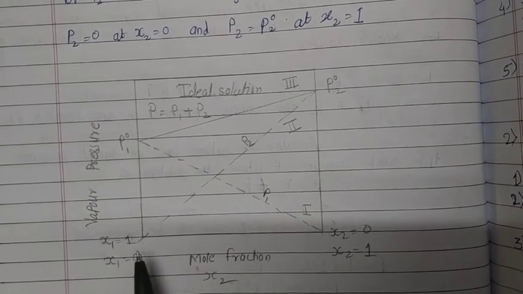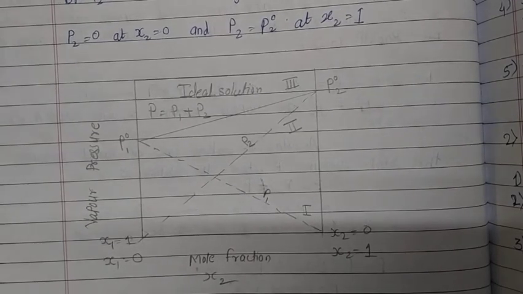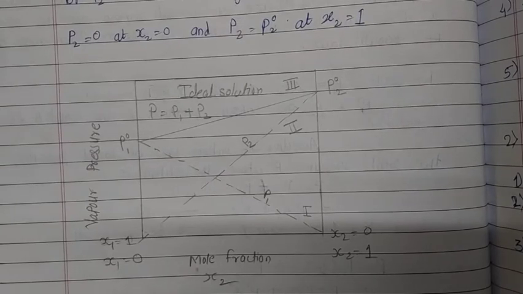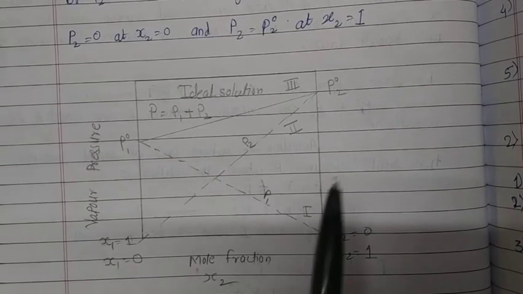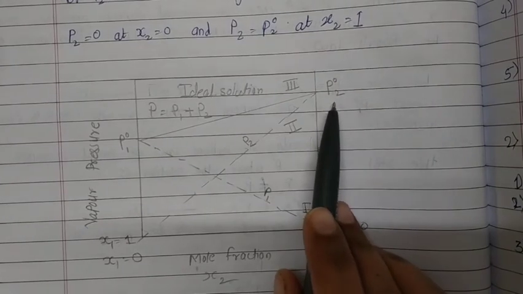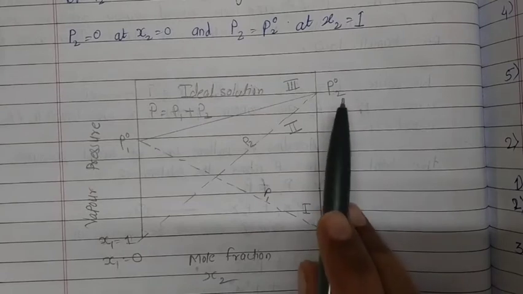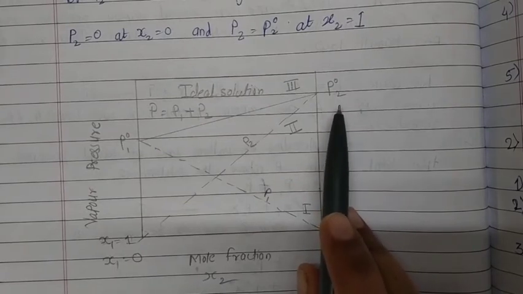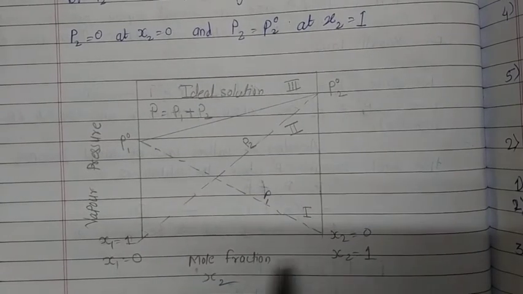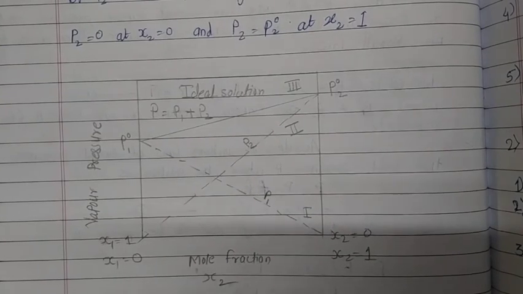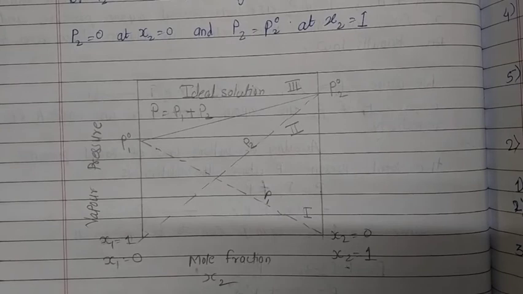And third possibility, for P2 versus X2: P2 is 0 when X2 is 0, and P2 equal to P02 when X2 equal to 1. So these are the three possibilities for a straight line equation.